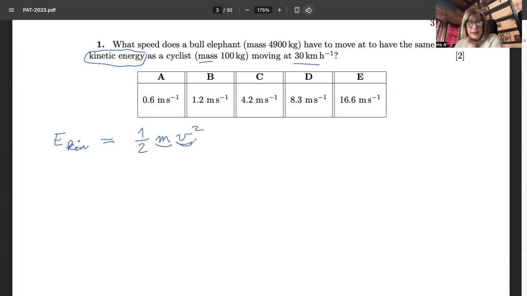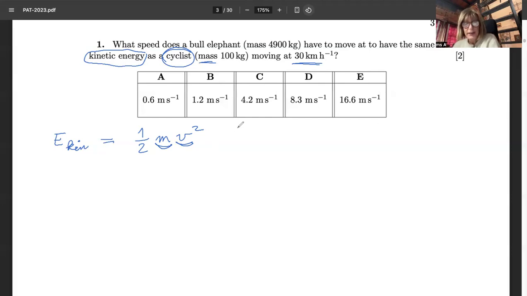So we need speed and we need mass. The first thing to do is to work with the kinetic energy of the cyclist, because for the cyclist, we have mass and we have speed. Now, remember, if you are using this formula, you first have to put kilometers per hour into meters per second. Watch out, this is really, really important.